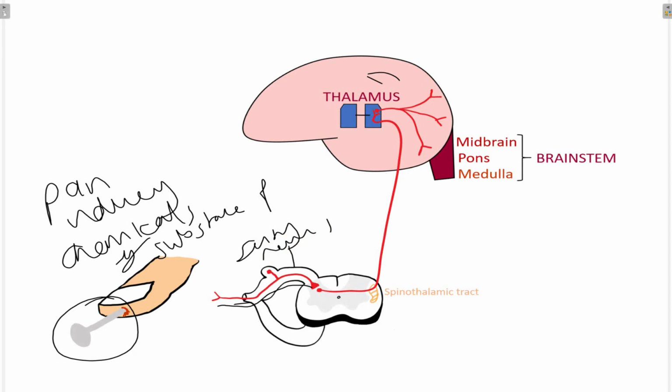through the dorsal root into grey matter. Just imagine this is a cross section of, say, the spine, if you chopped it and looked at a 45-degree angle.